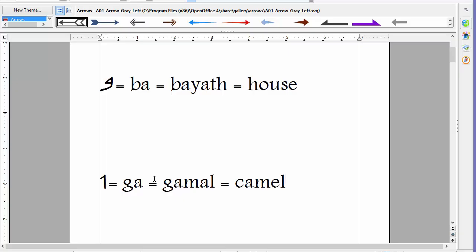Okay, and that's what the letter Ga represents, Gamal or camel. And if you draw it out, a stick figure, you could get a camel with one hump on it.